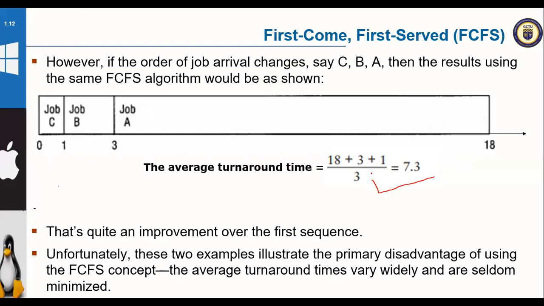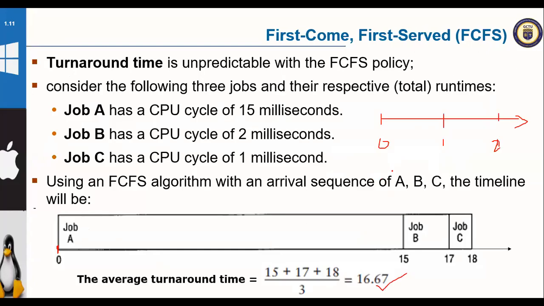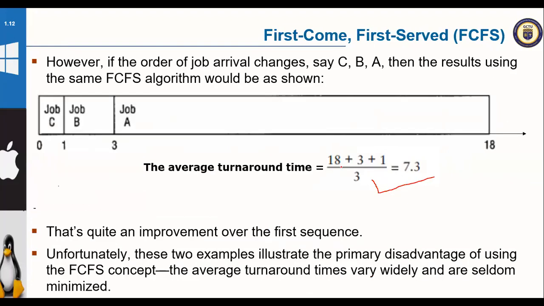That means that here you have a better response time compared to the first order. That is why this type of algorithm is suitable for the batch job. So in the batch job, you take your time and arrange the jobs in a way that will use the CPU in an efficient manner. Okay, so I hope this is clear.